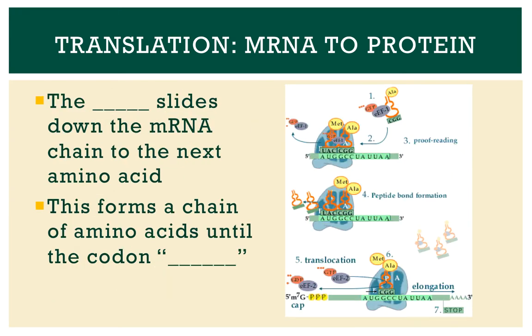And then moving on from there, the ribosome slides down the mRNA strand, the mRNA chain, to the next amino acid, the next codon. This forms a chain of amino acids until the codon stops.